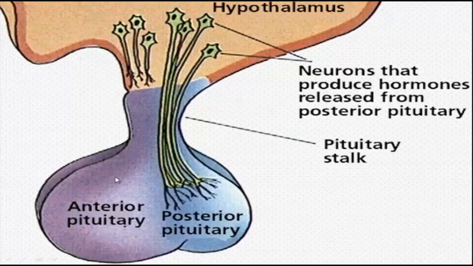Growth hormone, thyroid stimulating hormone, adrenocorticotrophic hormone, gonadotrophic hormone and prolactin. One by one we can see later. Other hormones, vasopressin and oxytocin, are secreted from the posterior pituitary.